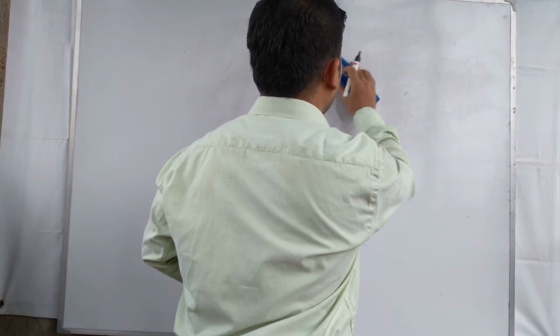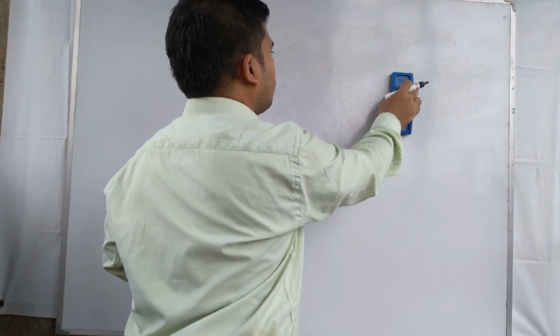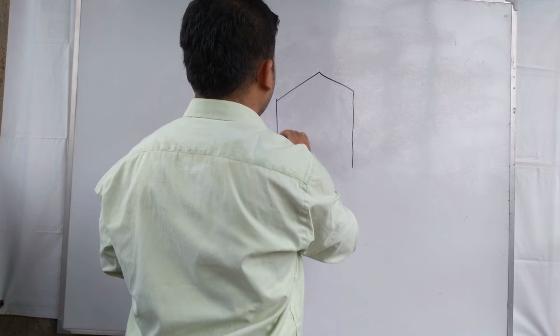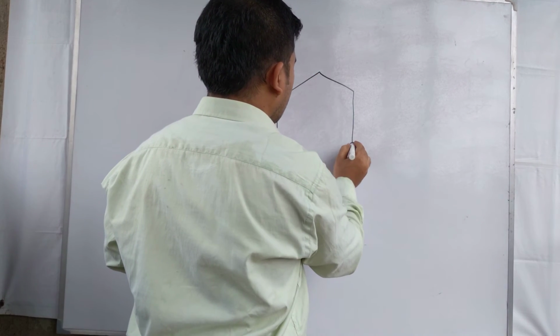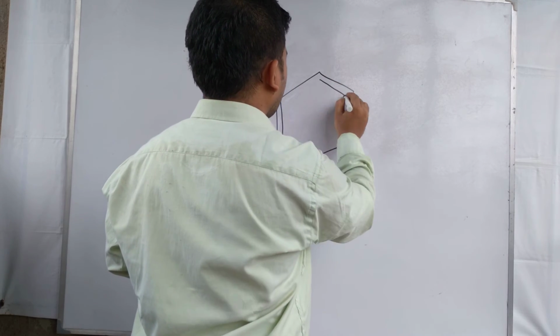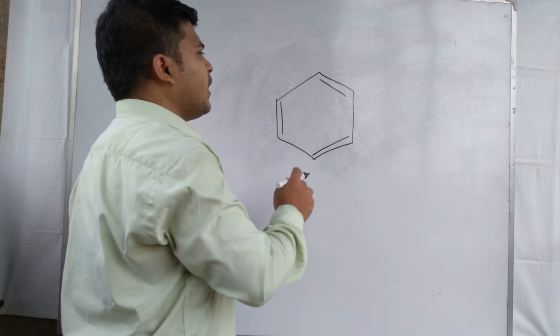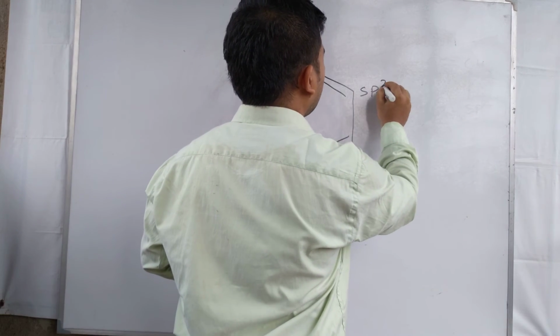In some other examples, you can also take an aromatic system, like benzene. Here each carbon is sp2 in hybridization.